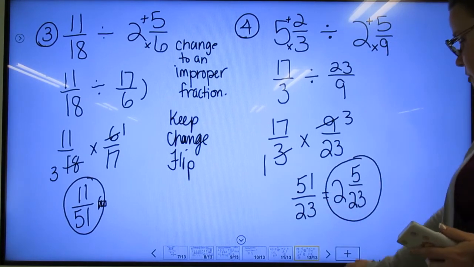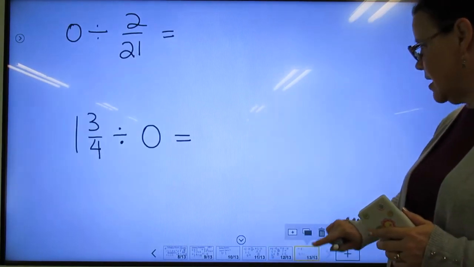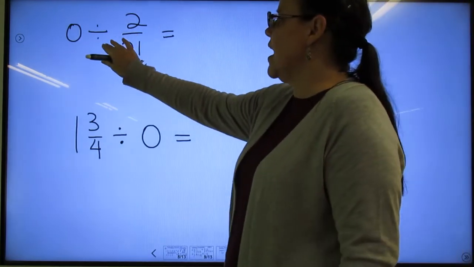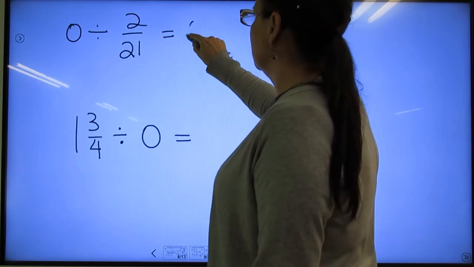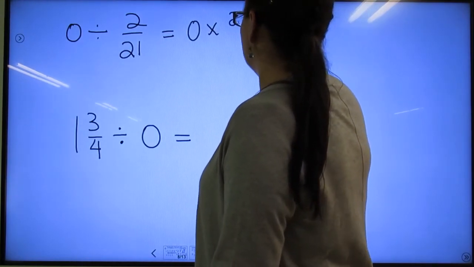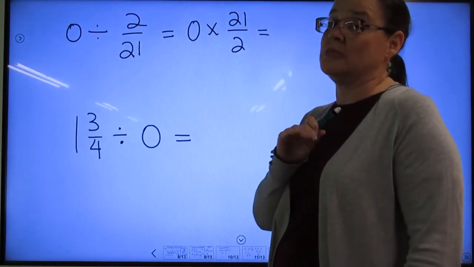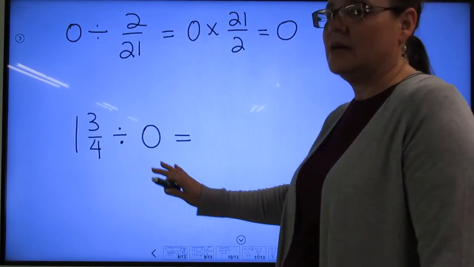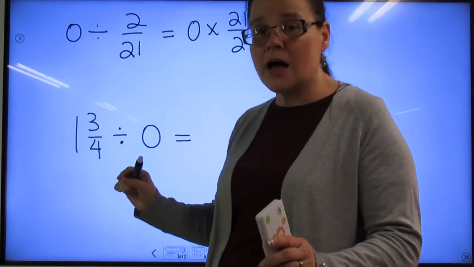And that would conclude, no, I lied. I got to show you something real quick. One more slide and then we're done. So 0 divided by 2 and 1/2 is 0 times 2 over 5, and anything multiplied by 0 is 0. Just saying, right? You should know that, right? But this, 1 3/4 divided by 0, undefined.